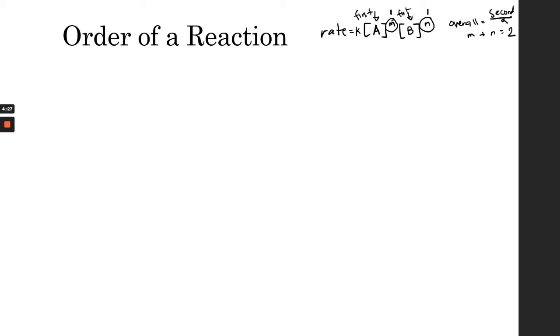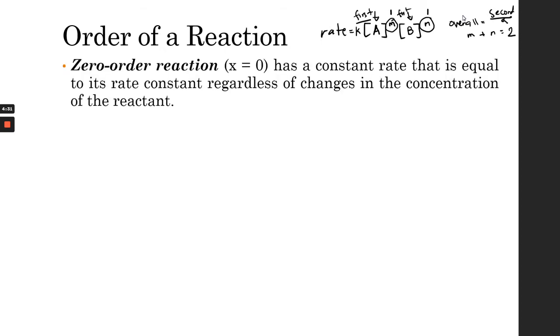So what do these mean? What does first order mean? What does second order mean? Like I mentioned, these are the mathematical dependence between the rate and the molar concentration of the reactant. So if you have a zero order, meaning M and N are both 0, then your overall reaction order is 0.